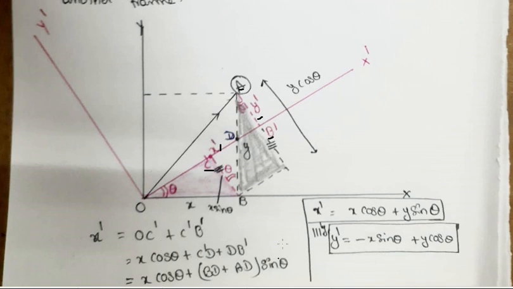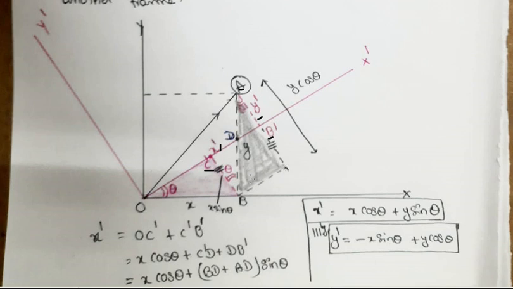Now we draw a perpendicular to the x-axis from point B, which we consider as point C dash, and we extend y dash backward so that we can draw a perpendicular to the y dash axis from point B, and these will meet at a particular point.